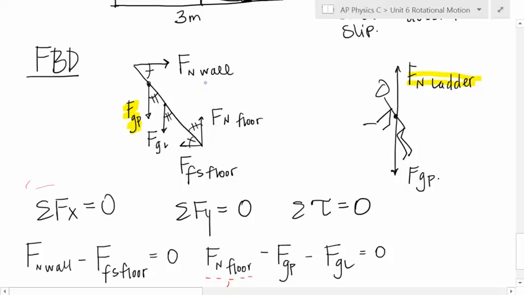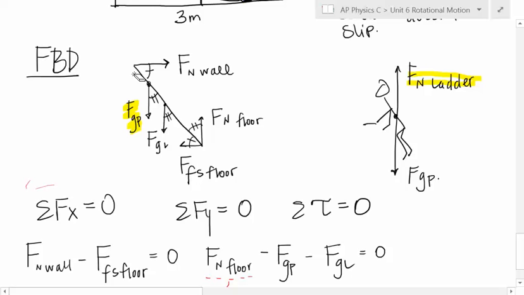If you want to sum the torque and find the normal force from the wall, you don't put the pivot point right there. Because what's the R value if the pivot point is right here and the force is right there? 0. So there's no torque on the ladder due to the normal force from the wall if that's your pivot point.